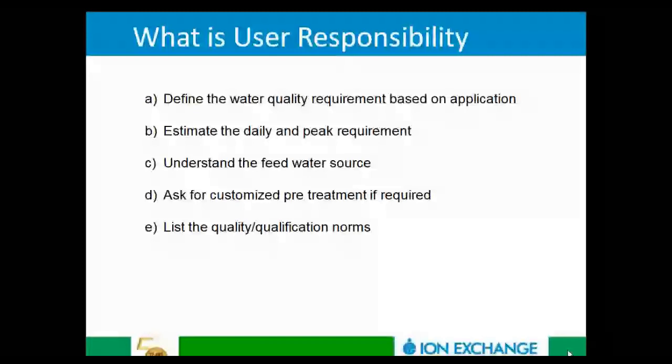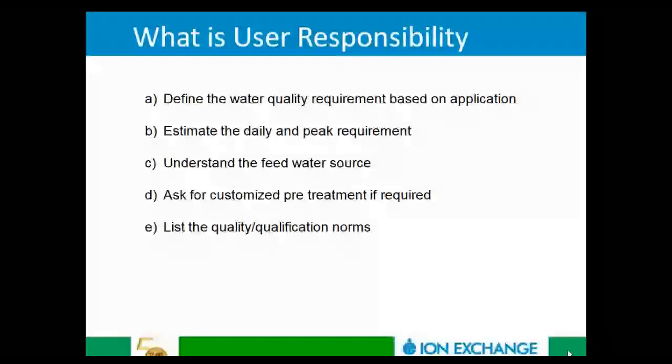If the water is collected from the ground, from a bore well, the source is groundwater, it is quite possible that there could be a lot of inorganic contaminants, a lot of salt, because when the water is in the ground, it adds a lot of minerals to it. If the water source is a river or flowing water, it could carry a lot of organic material or it could carry a lot of particulates.